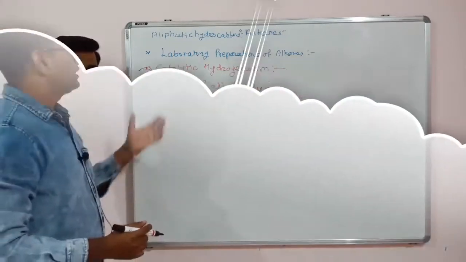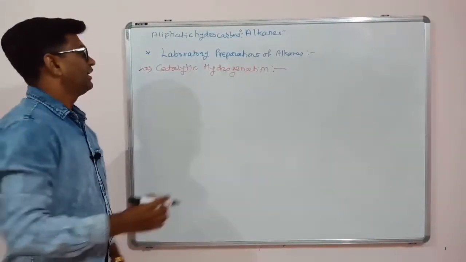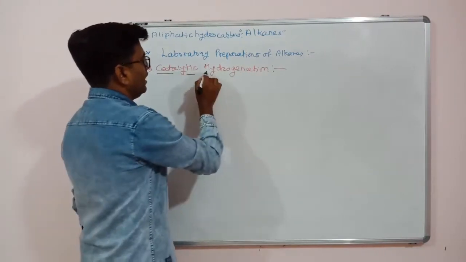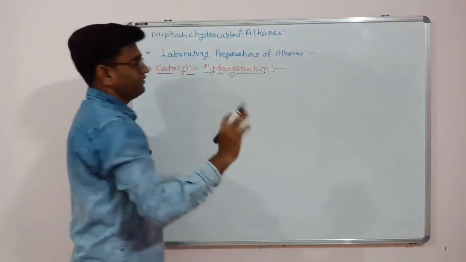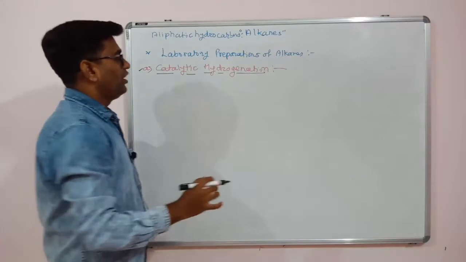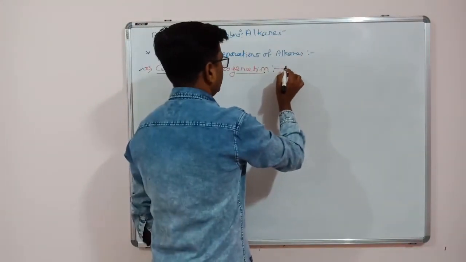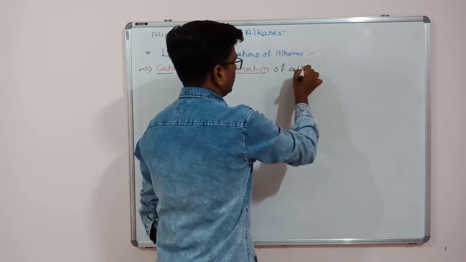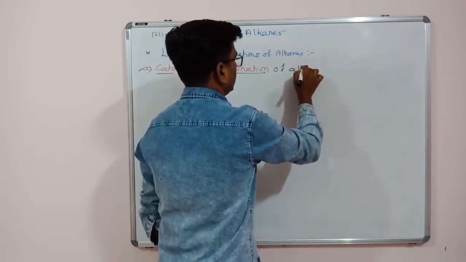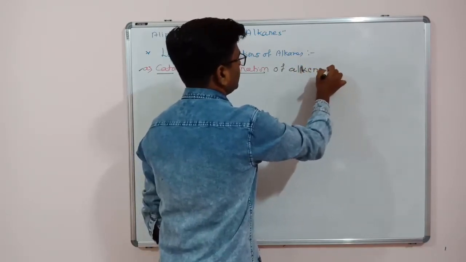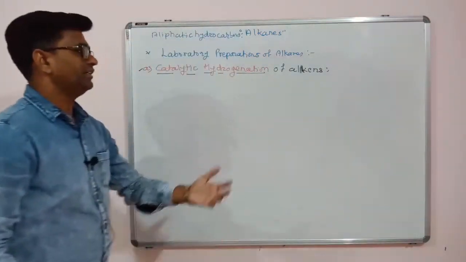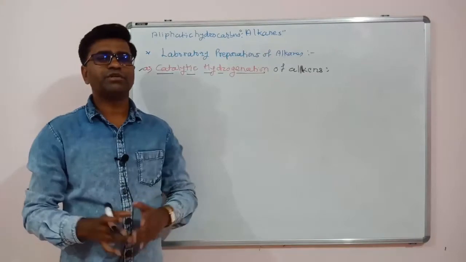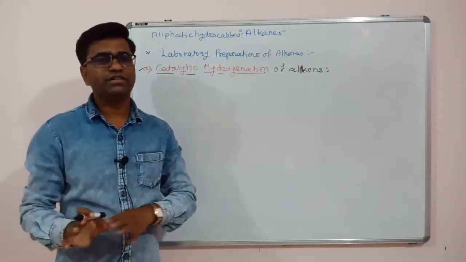Friends, the first method is catalytic hydrogenation. Catalytic means in presence of a metal catalyst. Hydrogenation means addition of hydrogen on the alkenes. The alkenes chapter we will learn in the next session, but you know alkenes are the organic compounds which contain a carbon-carbon double bond.